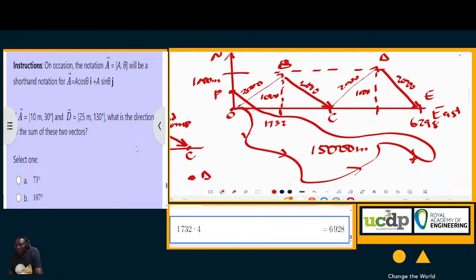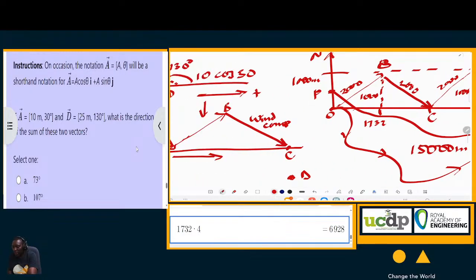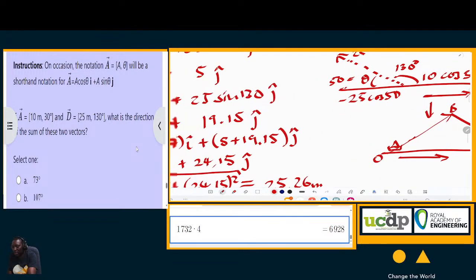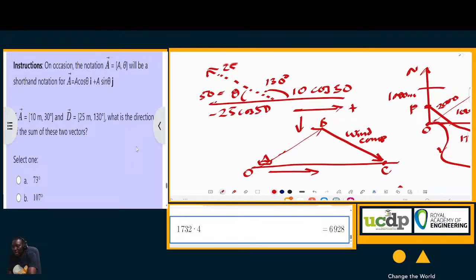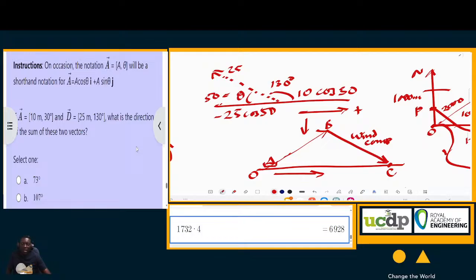So if you go back to where you worked the previous one, did I even work this question? I think you guys worked it for us. So yeah, the ones who worked that question, and I just drew this based on what Koketsa has been saying in terms of the direction.